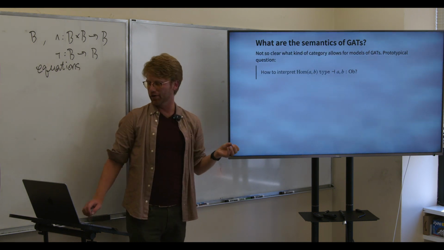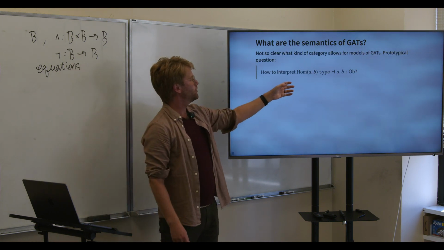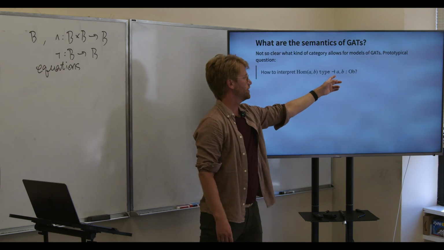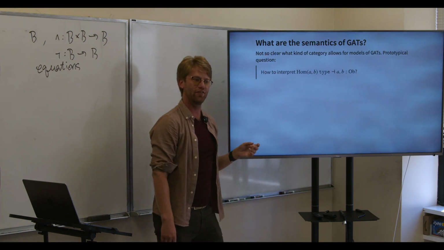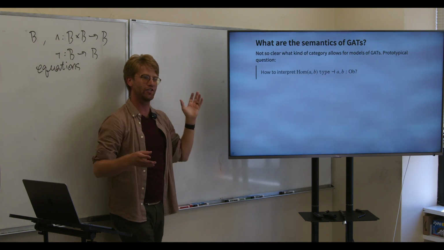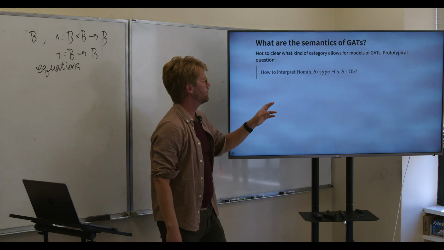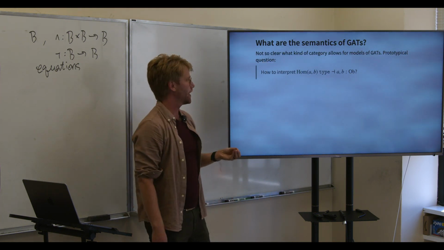So to be in a category that can model a GAT, you need to have some notion of an object of that category that depends on terms of some other object of that category. What do any of these words mean? It's basically you have types in your theory, and those are probably going to be objects of your categories.